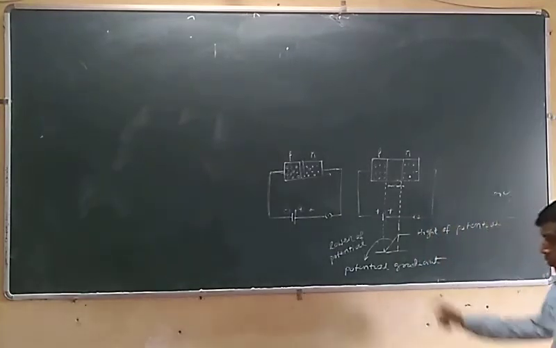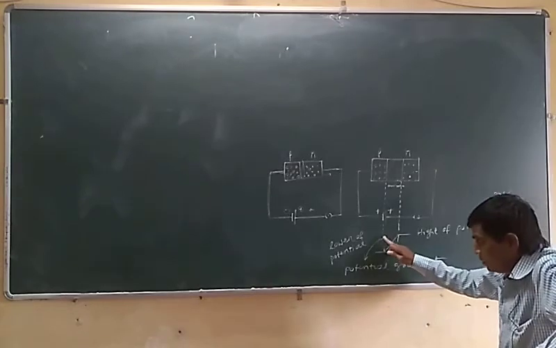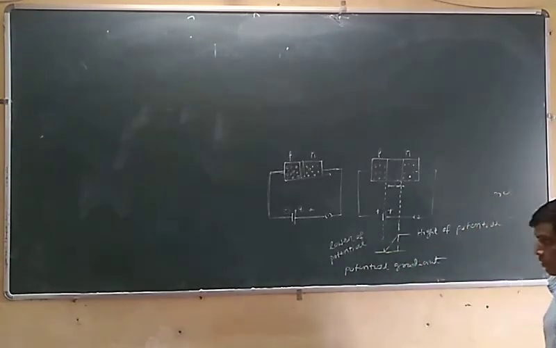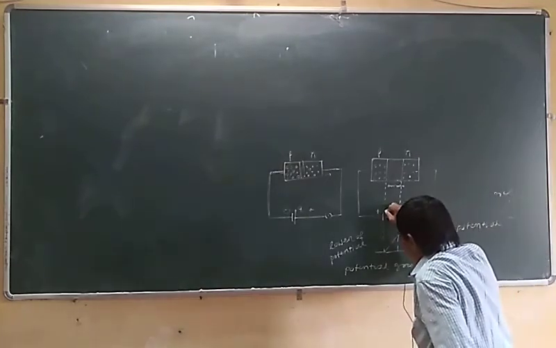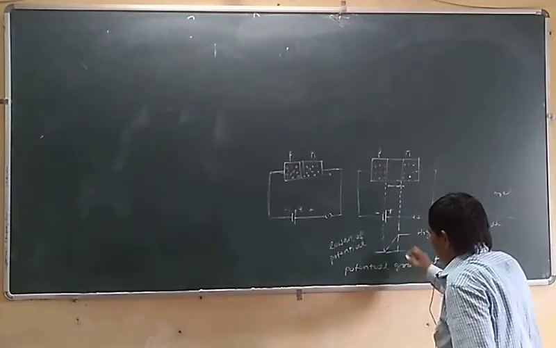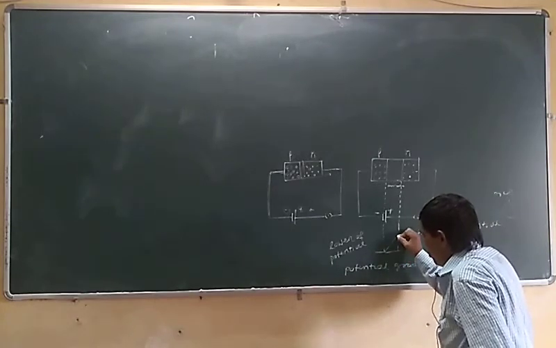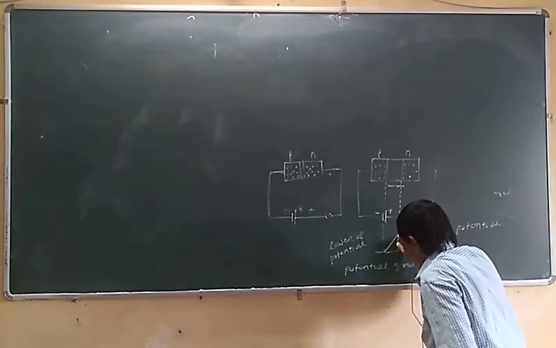Then what is the effect of this widening in a PN junction or barrier potential? When we apply the voltage, positive and negative, the potential barrier will be increased. The potential barrier will be increased.